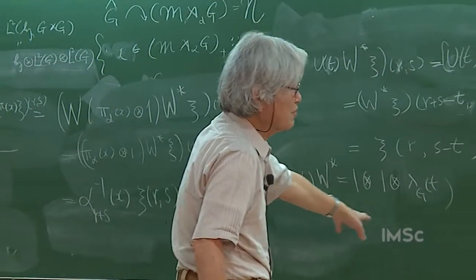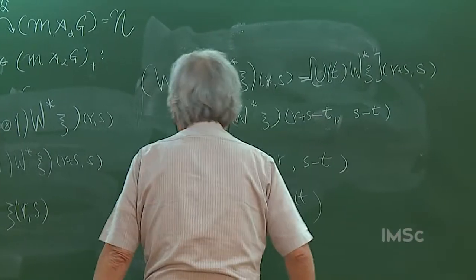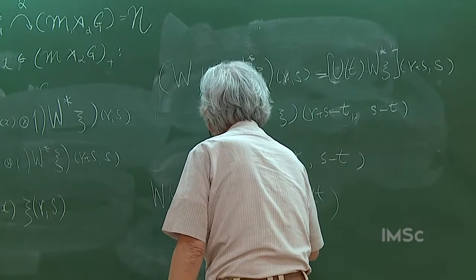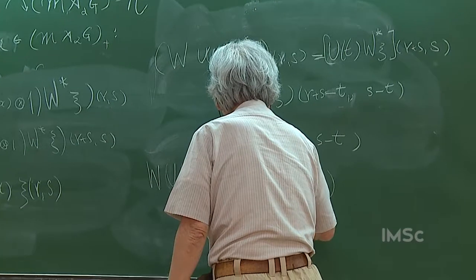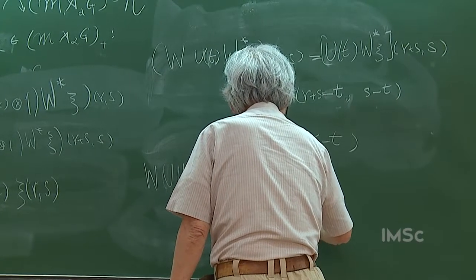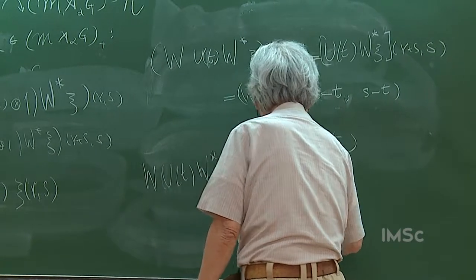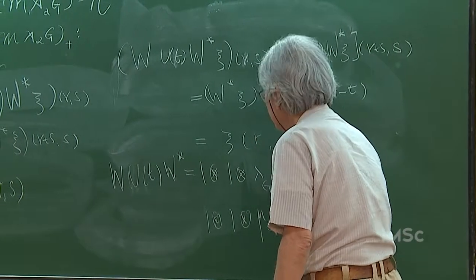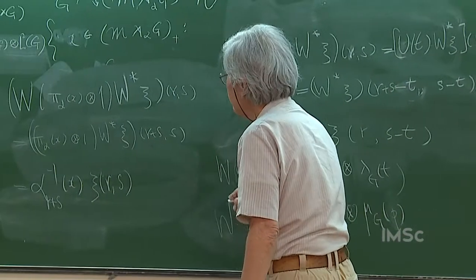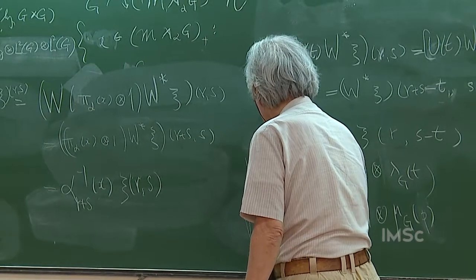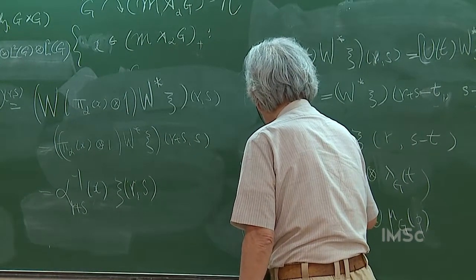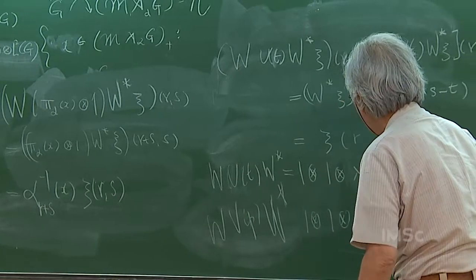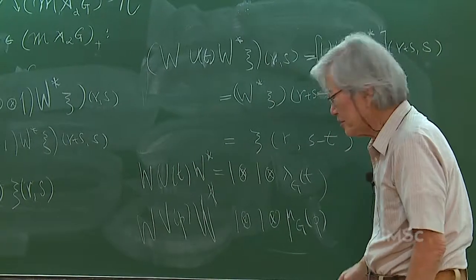Okay, and W and VP commute, where VP was 1 cross mu G P, W, VP, W star. Now we are in business here.